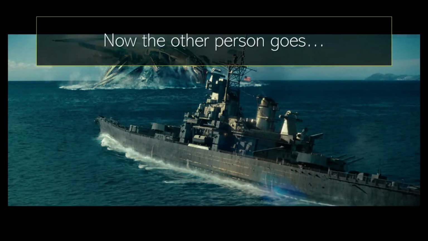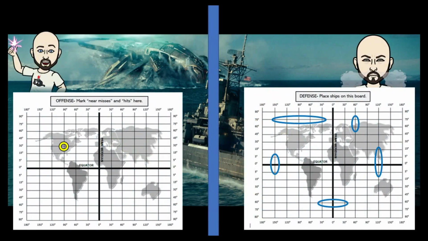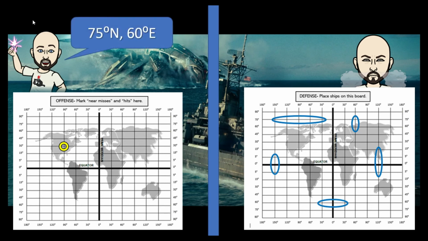Then the other person goes exactly the same way. The other person will name a coordinate. Hit, miss. Now we're back to these guys. We know that this was a miss because there's nothing here. This time, this guy says 75 degrees north, 60 degrees east. So this guy will take a look. 75 degrees north is right here, 60 degrees east right here.